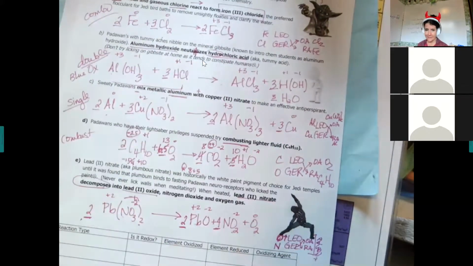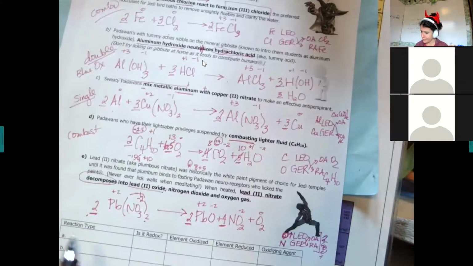This is actually, for some of you on your lab, I wrote a note back to you. You overbalanced, like you went up to 4, 4, 8, and 2. So we want the lowest whole number coefficients. All right, now we have to fill a chart in. There were 1 or 2 of you who had all this on your lab. You had everything correct up there, and then you did something funky on the chart.